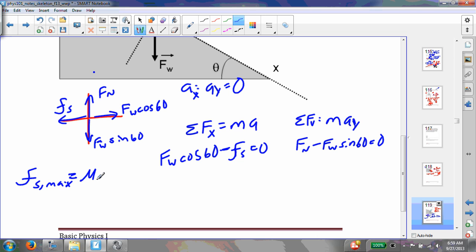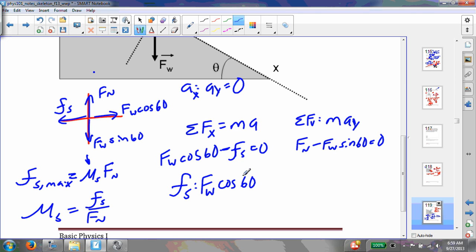I also know that the maximum static frictional force is equal to mu s times the normal force. And I'm looking for this mu s, so mu s is going to equal Fs over the normal force. So it's the ratio of those two forces. I need to know what those two forces are. So over here, I can solve this for Fs, and I find that it's equal to Fw cosine of 60.